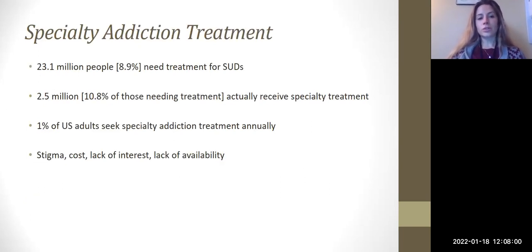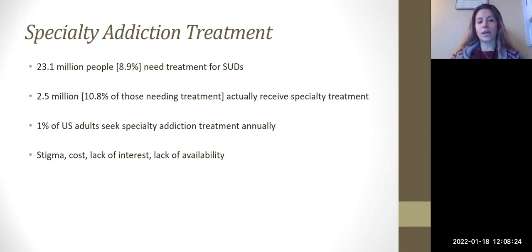Within specialty addictions treatment, they estimate that about 8 to 9% are actually going to need treatment for a substance use disorder. So not something they can manage independently, but they're going to need some level of treatment. 2.5 million are actually receiving that treatment. So there's a huge disparity between the people that need it and the people that are actually accessing it.